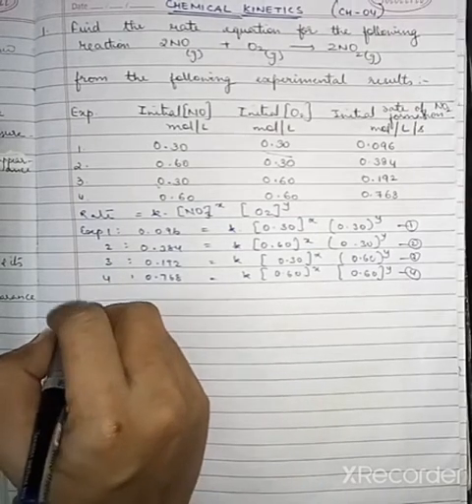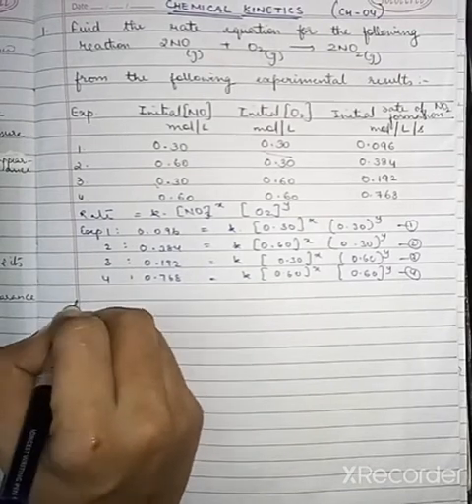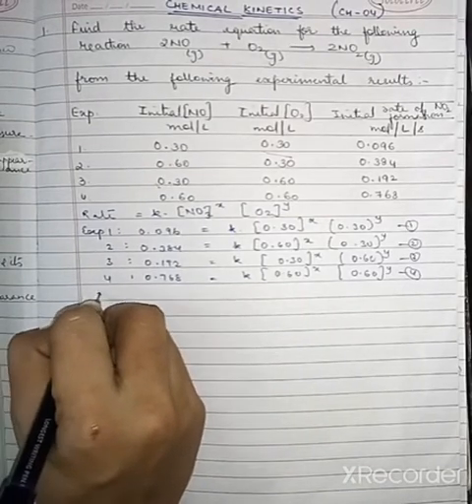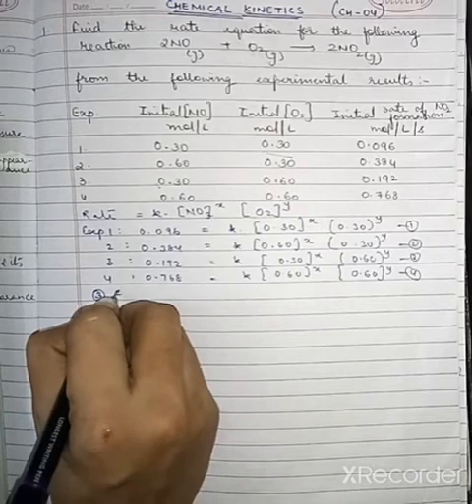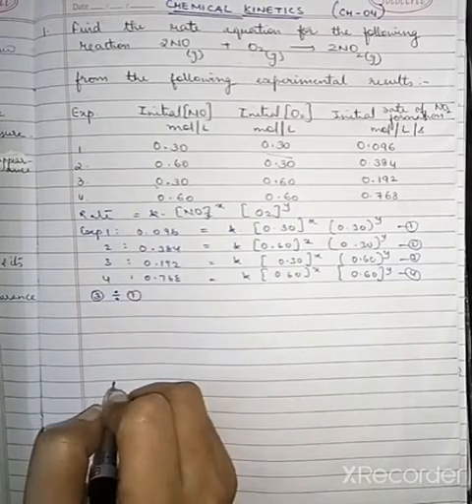सो फर्स्ट यूजिंग इक्वेशन 3 and 1, we will take equation 3 and divide it by equation 1.